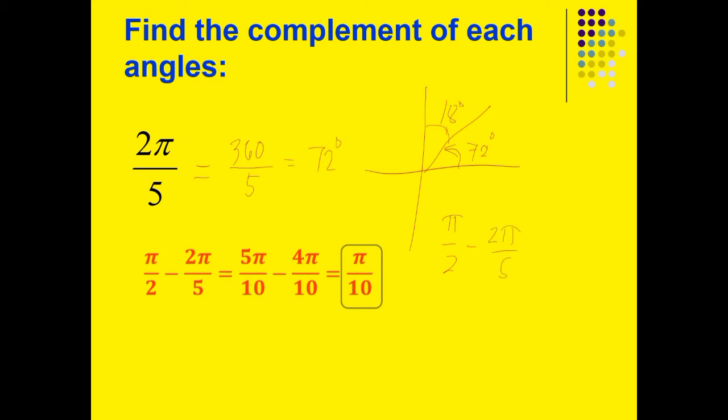So get the LCD, which is 10. Then 10 divided by 2 is 5, minus 2, minus 4 pi, and that is pi over 10.